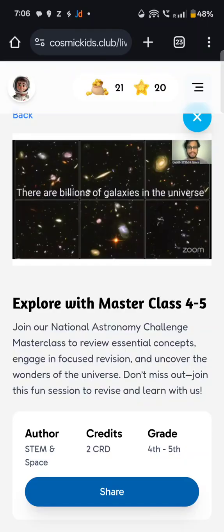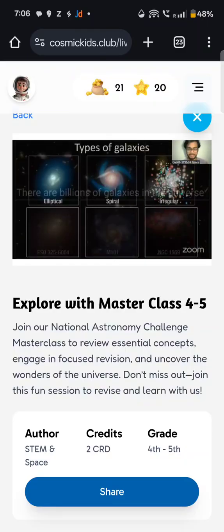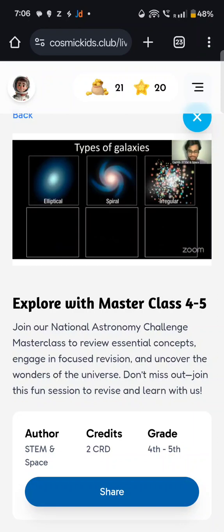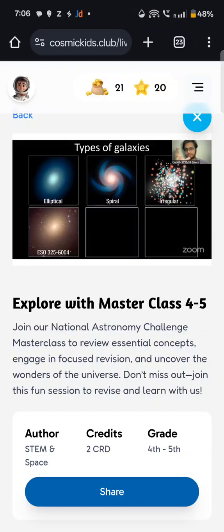These billions of galaxies are categorized mainly into three categories: elliptical, spiral, and irregular. What is an elliptical galaxy? An elliptical galaxy looks something like this, like a bright star-like object, but it's not a star, it's a collection of stars. The center part is bright and it fades out as we go further away, forming an elliptical pattern.